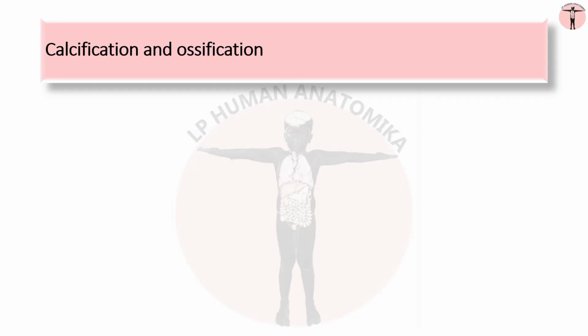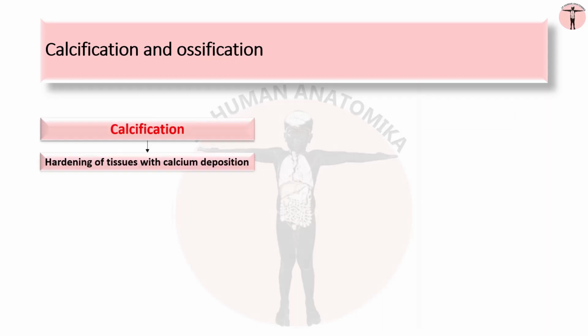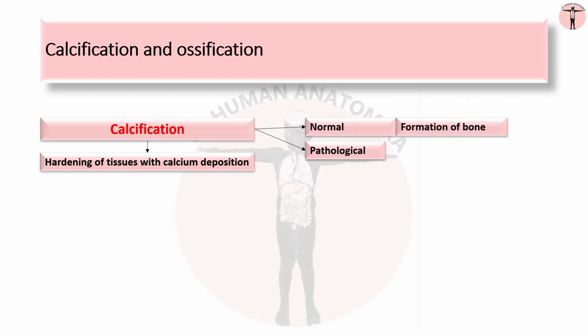Coming to the difference between calcification and ossification. Calcification is the hardening of tissue by the deposition of calcium carbonate or some other insoluble calcium compounds. It is of two types, normal and pathological. In normal, the process occurs in the formation of bone.